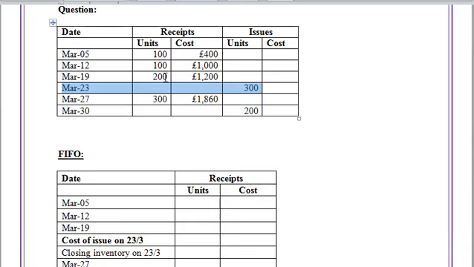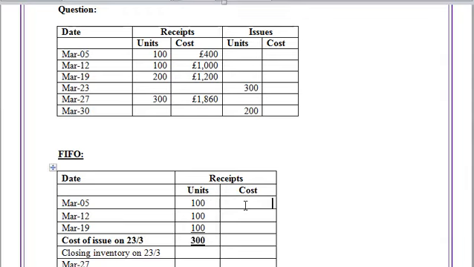So at that point, you now have 400 units. I am looking for the cost of the first 300 units I have in my stores. So I will pick up 100 and 100 on the 5th and on the 12th, and only 100 from the 19th of March to make up my 300 units.